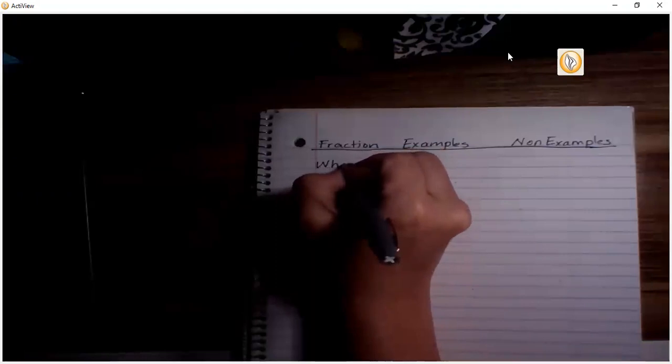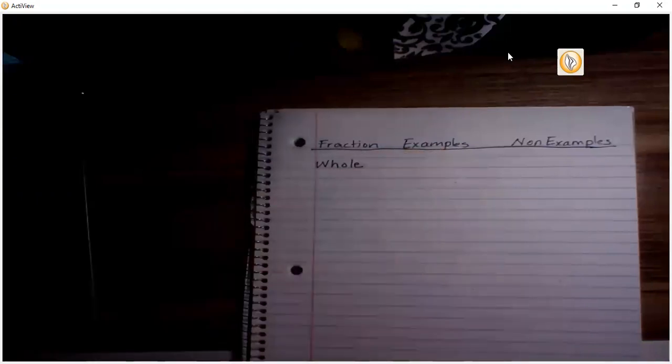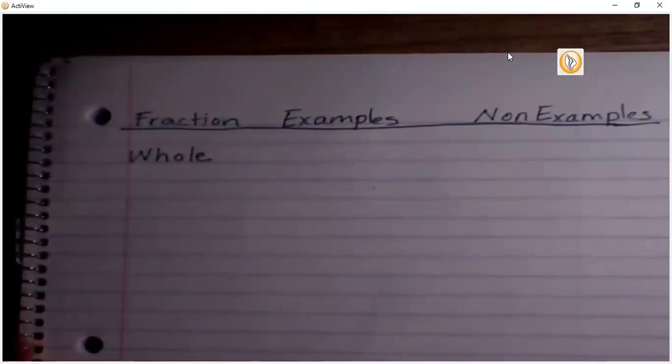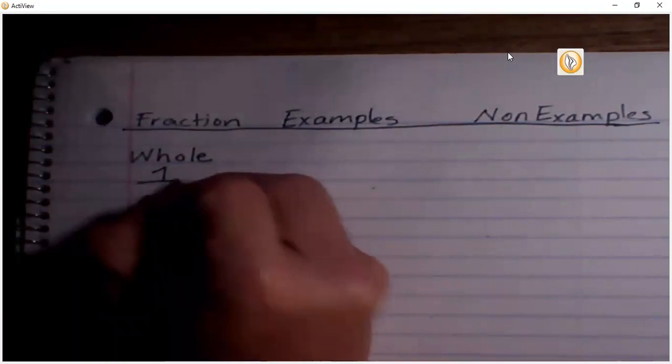Okay, so the first one I want to talk about is going to be called a whole. The way we write a whole as a number is just simply with the number 1.